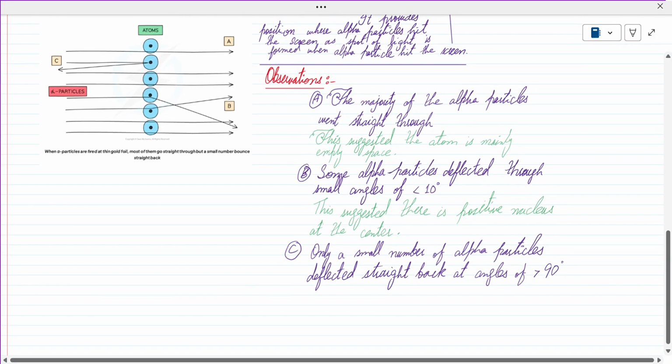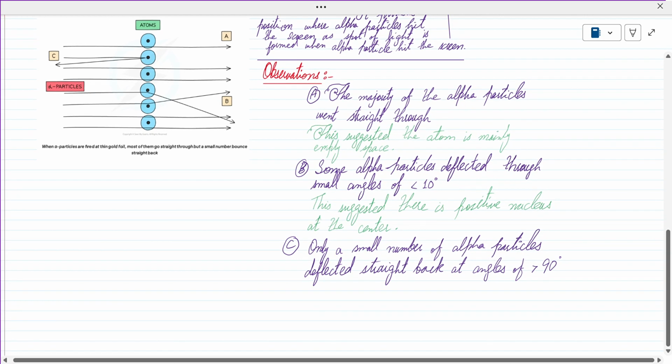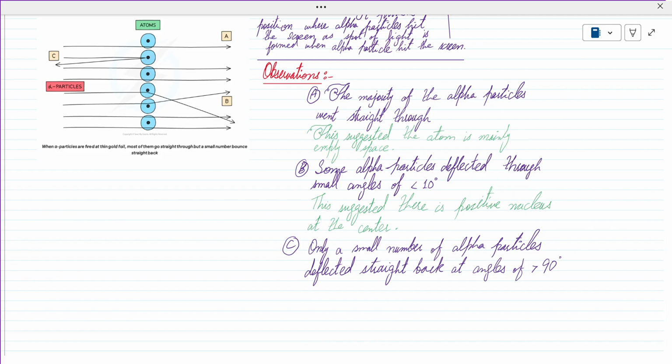What this suggests is that they are bouncing back, and very few particles showed this behavior.